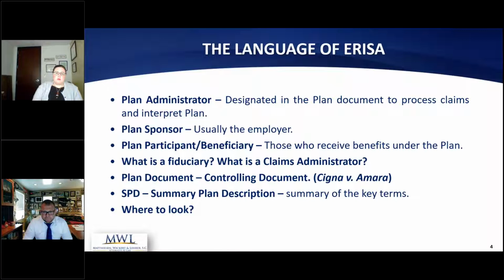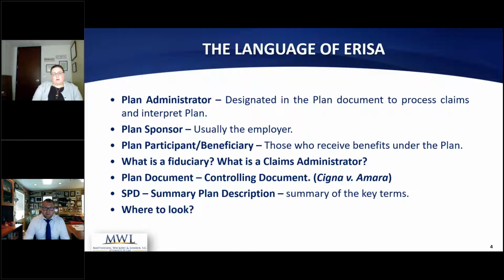ERISA is very specific on its distribution and formatting guidelines regarding the content of SPDs and the required style and format, where you have to list things and what you have to talk about. But in effect, because the SPD is summarizing the plan document, the plan document of course must encompass the content required for the SPD.